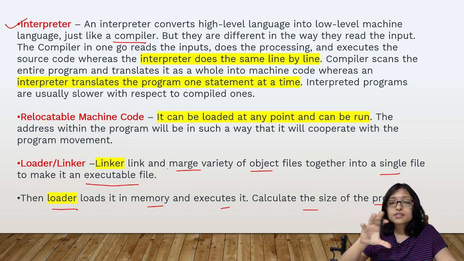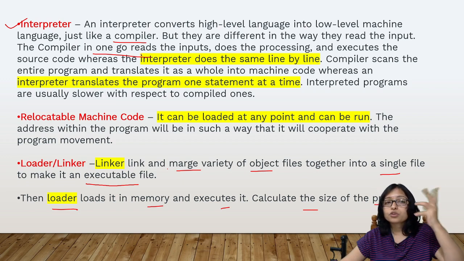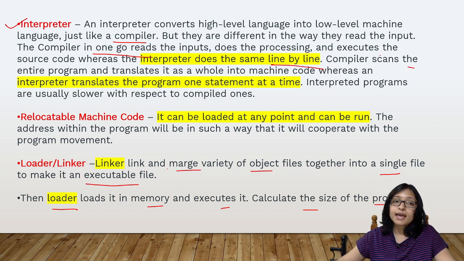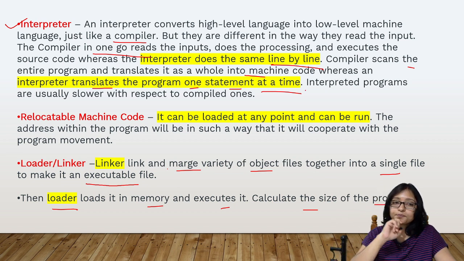The interpreter does the same line by line; it is not reading everything at once. The compiler scans the entire program and translates it as a whole into machine code, whereas the interpreter translates the program one statement at a time. That is the difference between interpreter and compiler.